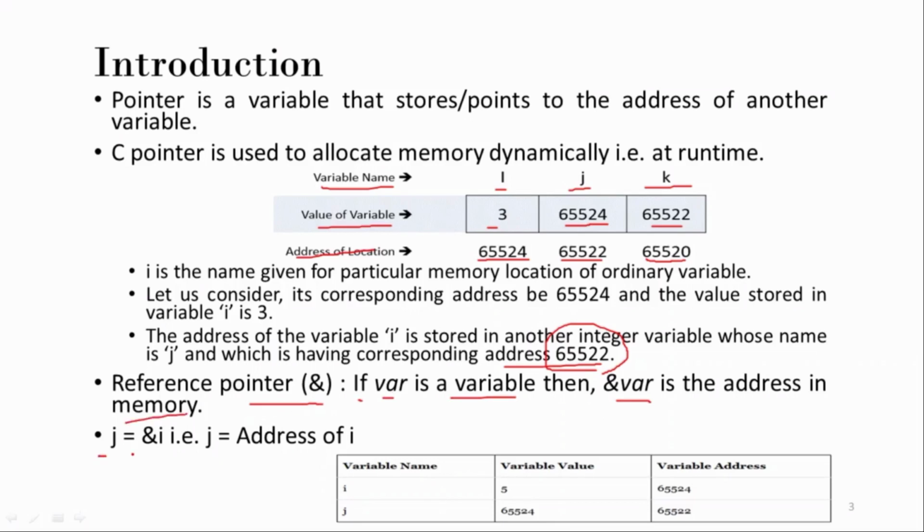Like that, j is equal to ampersand i, so j is equal to the address of i. Suppose variable name i has value 5 and address 65524, and the next variable name j has value 65524, which is the address of i, and its own address is 65522.